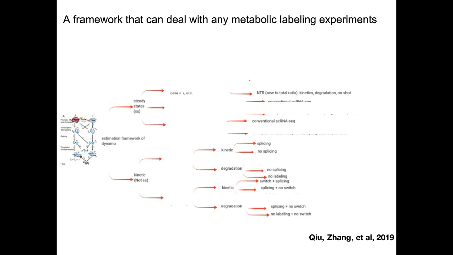And in some cases, you don't need to split your labeled and unlabeled RNA into spliced and unspliced RNA, because if your labeling method is not that sensitive, splitting into four species will make your expression very low, and you can't really estimate anything. So for this kind of scenario, we also need to deal with that.